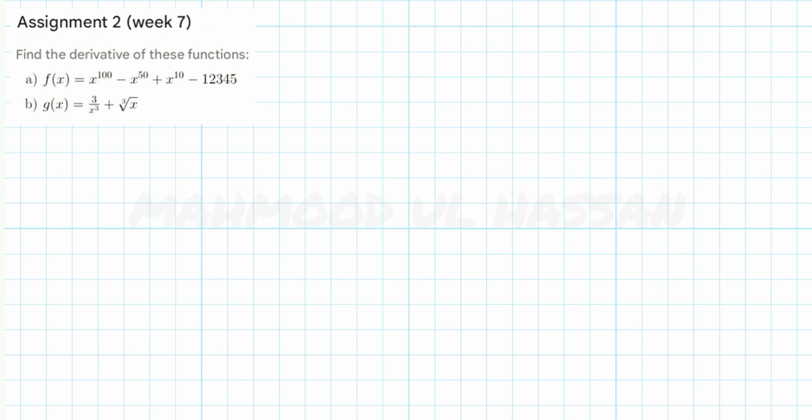Now move to the second part of the question, that is part B. The given function is g of x equal 3 divided by x to the power 3, and then plus cube root of x.